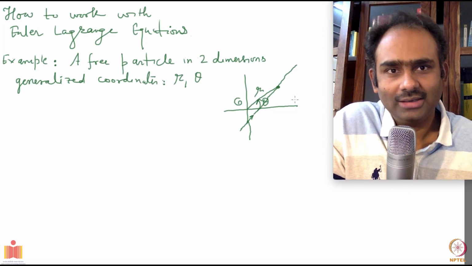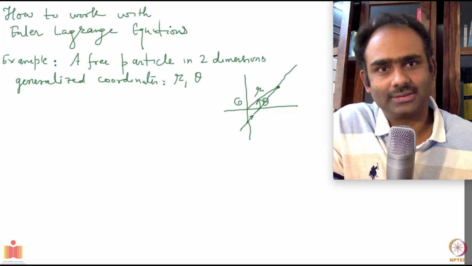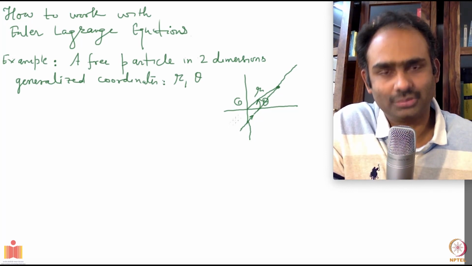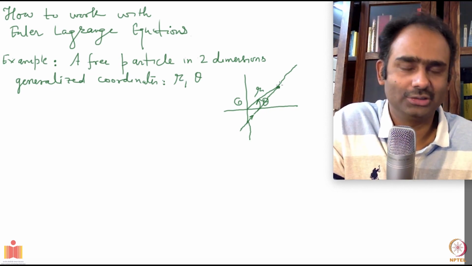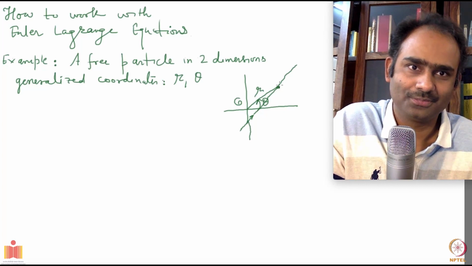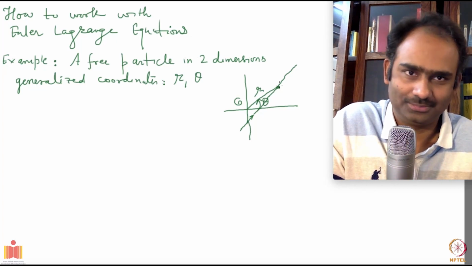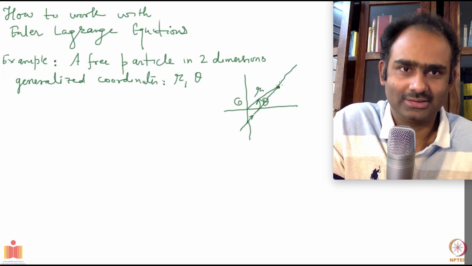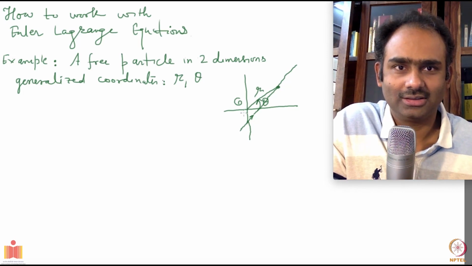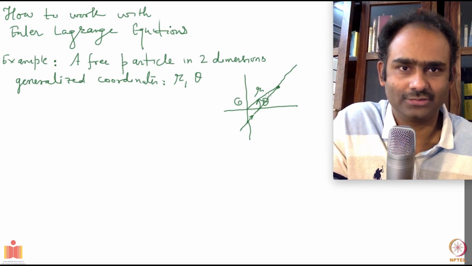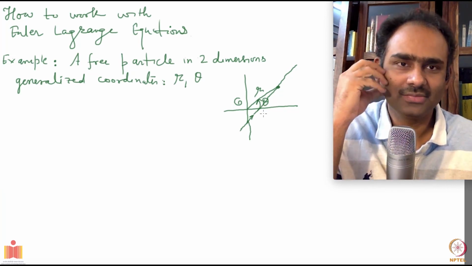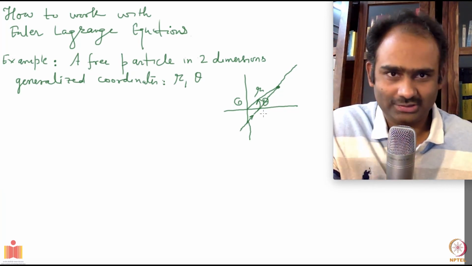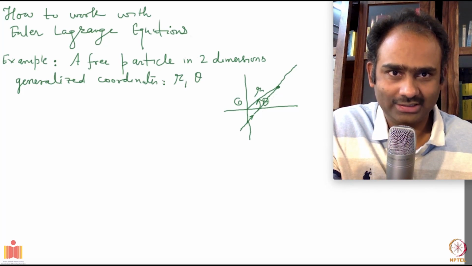If you had fired it radially outwards, going through the origin, then clearly the angle will not change, and it will have only the radial velocity. But because you have fired it not through the origin, but from some distance away from the origin, it will have an angular velocity, because the angle will keep changing. When it's here, this is the angle.